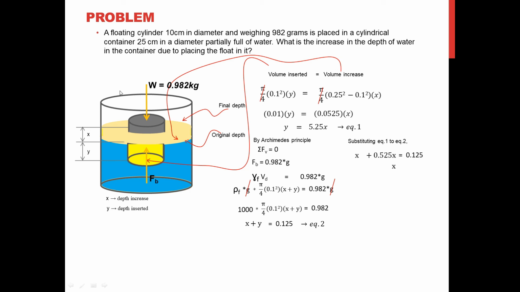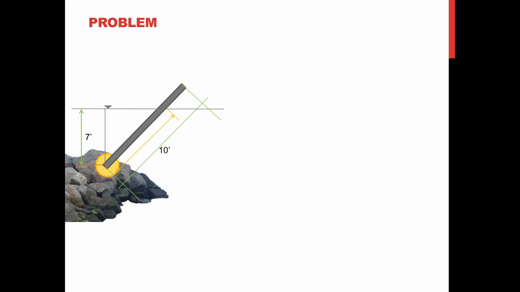So this time, we can now compute for the value of x, which is 0.02 meters. So that will be equivalent to 2 centimeter increase in depth, which is the unknown in the problem. So that's it for this problem. Moving on to the next problem.